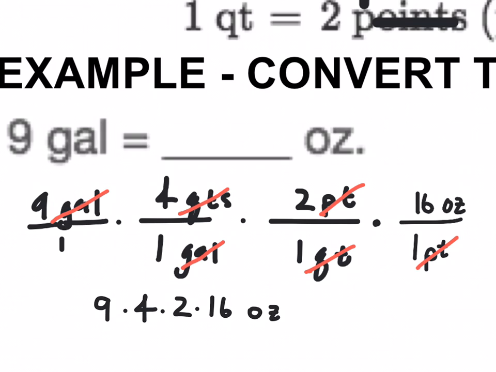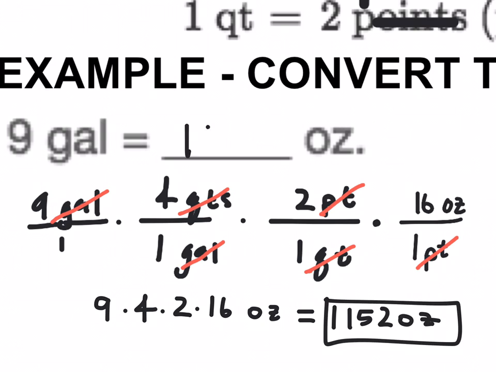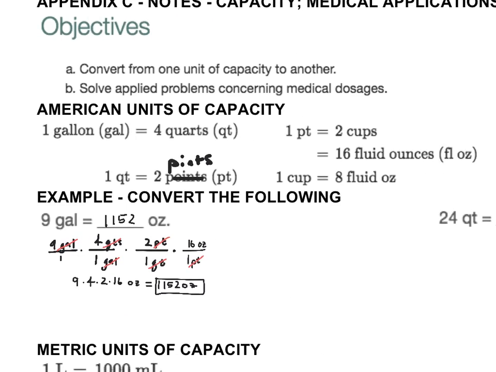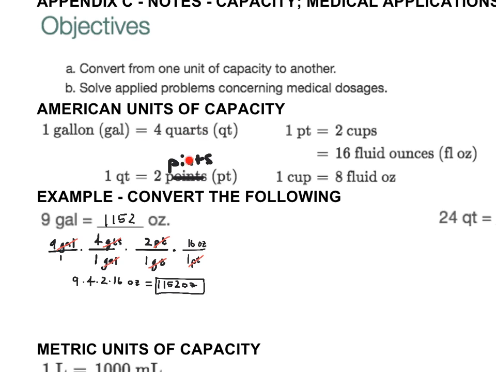If we plug that into the calculator, we get 1,152 ounces, and that's what I would put up here, 1,152. That's when we convert 9 gallons into ounces. So similar to what we were just doing, guys, we're just using a different concept of what's equal to what. It's using your tables, using this information to convert these, okay?